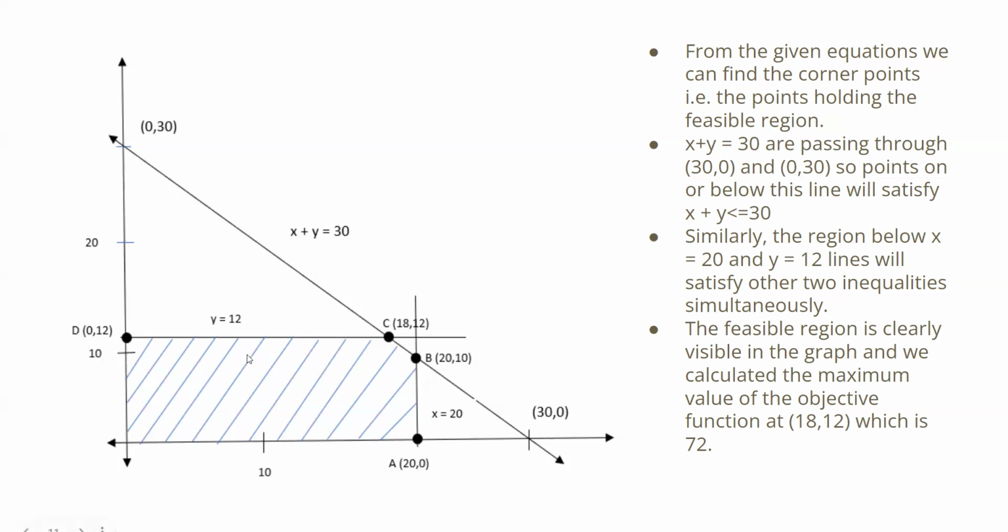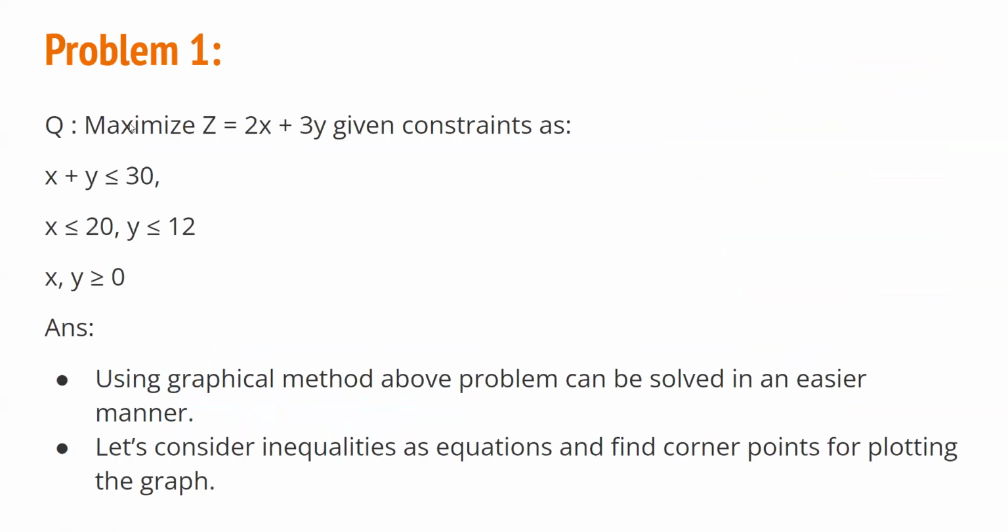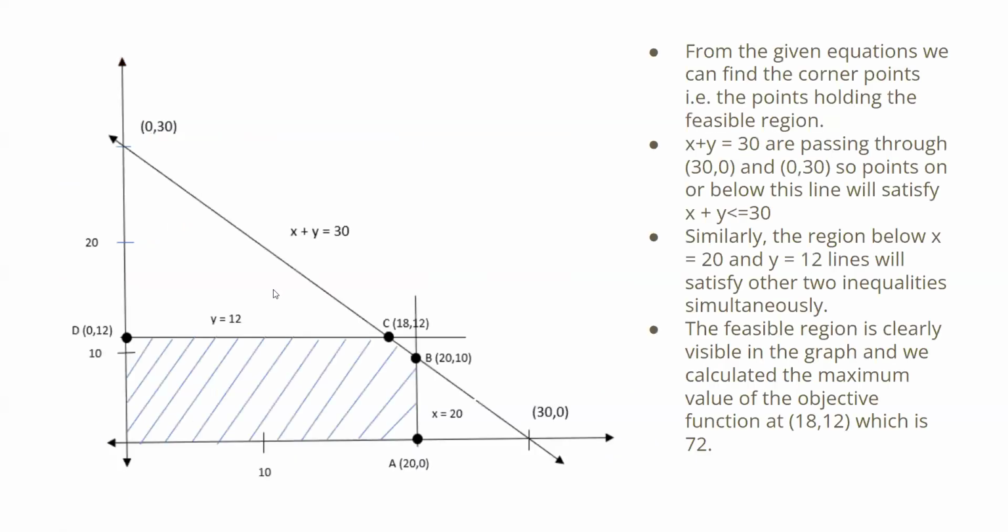The optimal solution to maximize this objective function will lie under this region. Try to understand it very clearly: you can't just say that this is the optimal solution, and these are also optimal solutions.